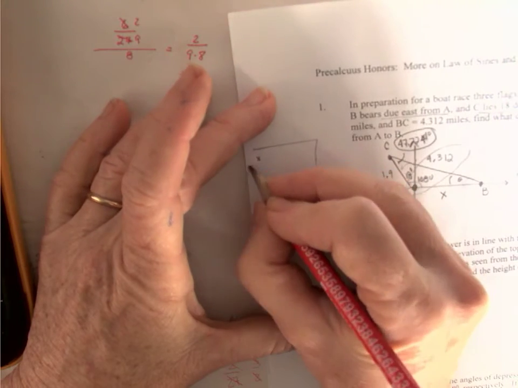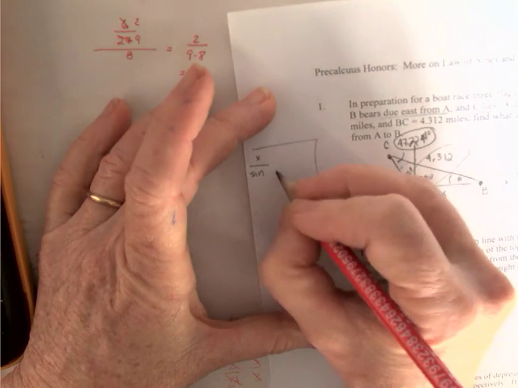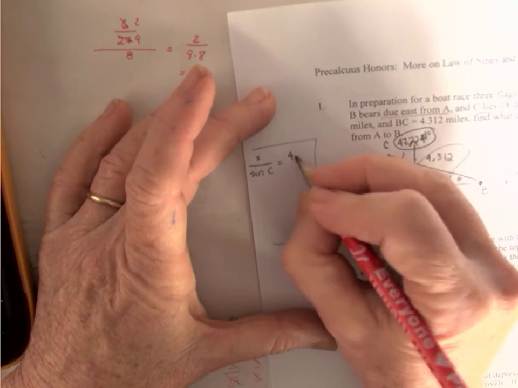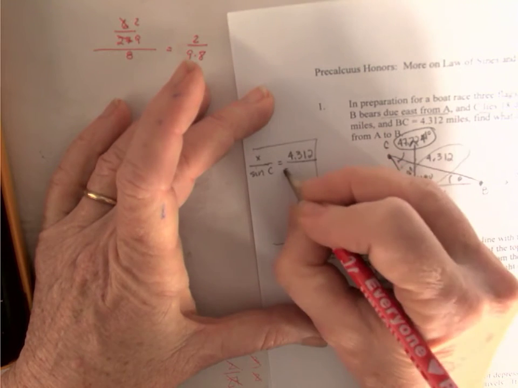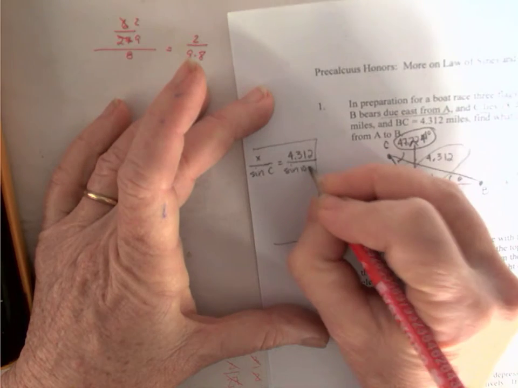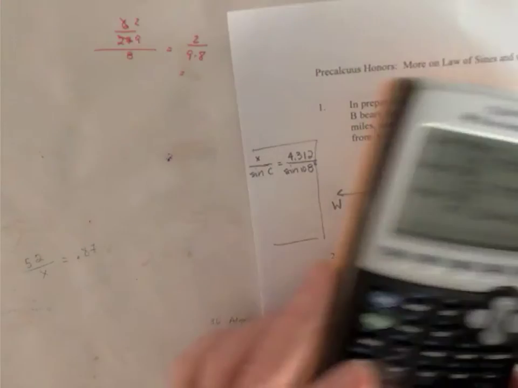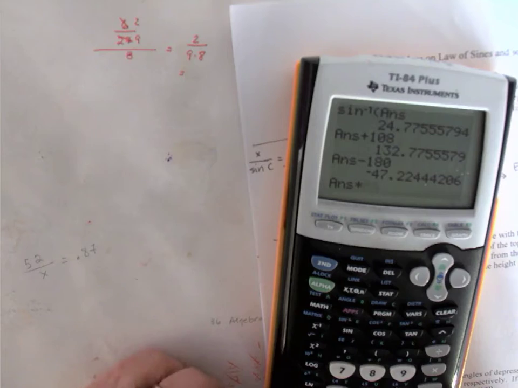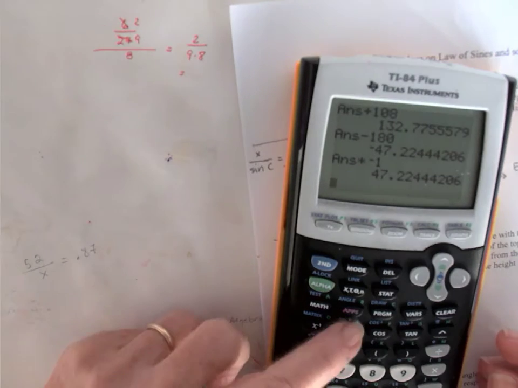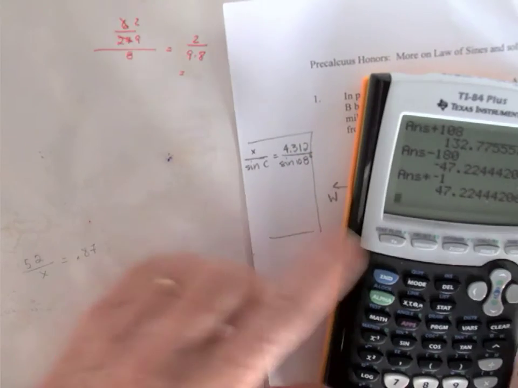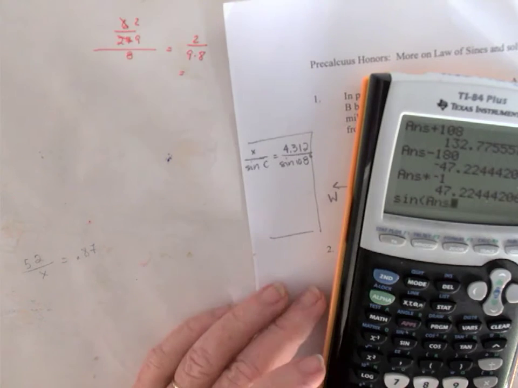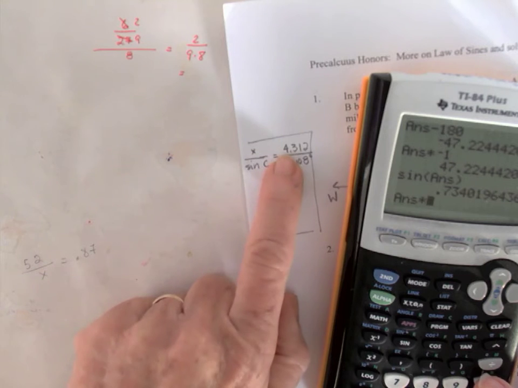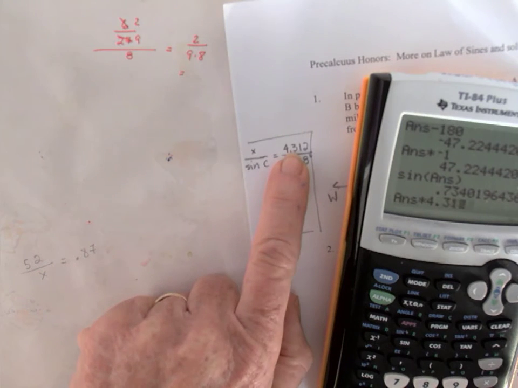So I'm going to have X over the sine of that angle, I'm just going to call that C, is equal to, and I'm going to go back to what I have already, 4.312 over the sine of 108. Now look at what I have. I'm going to take the sine of this angle, and I'm not going to round it, times 4.312 gives me that.